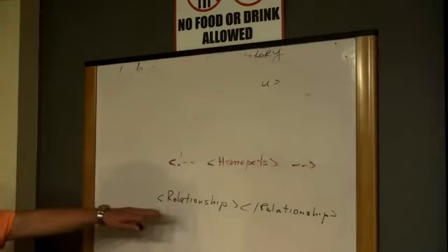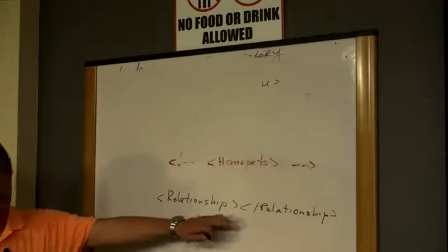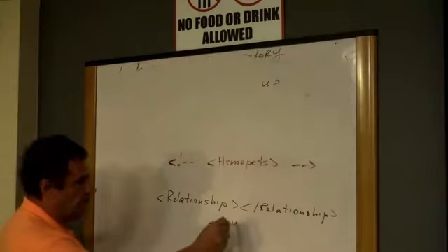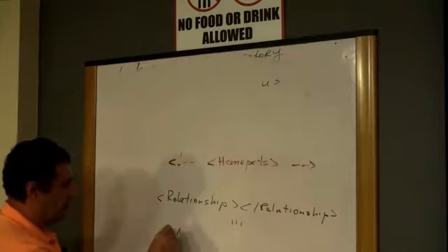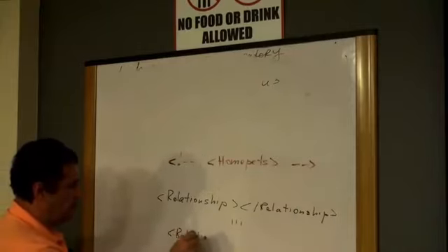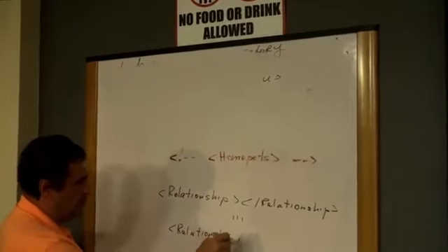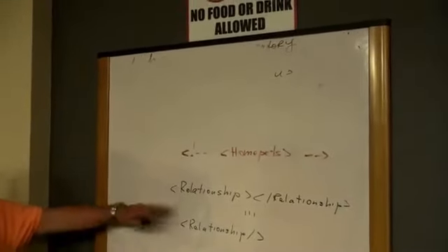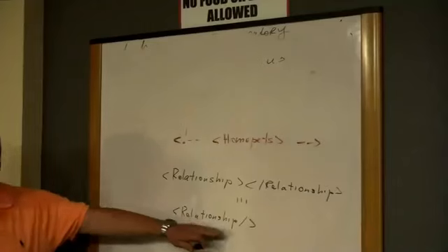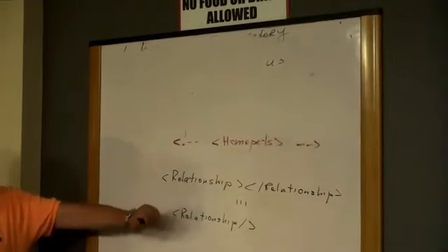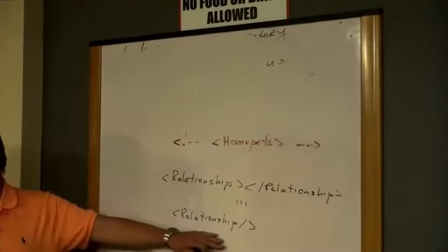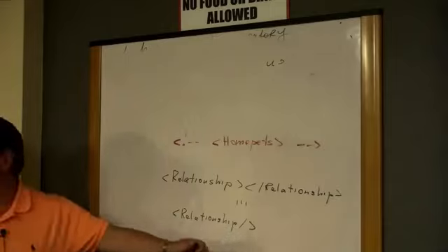Or alternatively, this is actually the long form of writing it. You can write in a short form, which is exactly the same as saying relationship. These are exactly the same. This is a shortcut form. This is a long form. It simply means that we have element relationship which is listed, but it has no value.